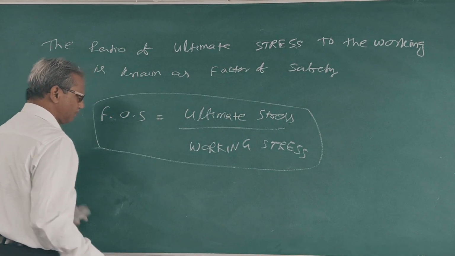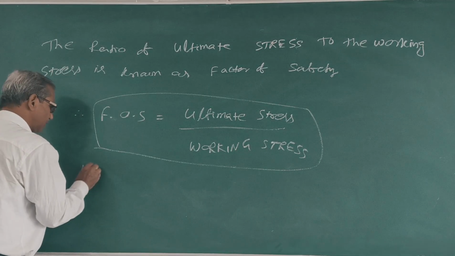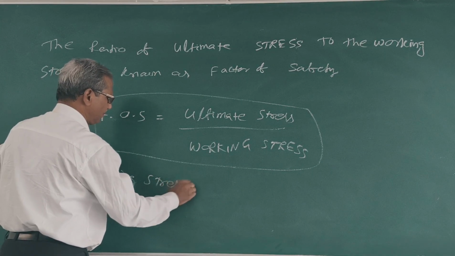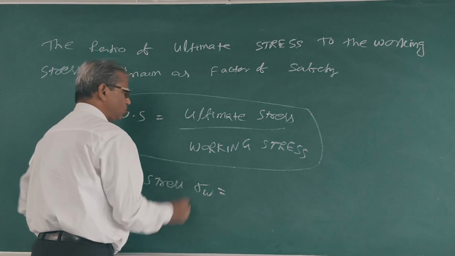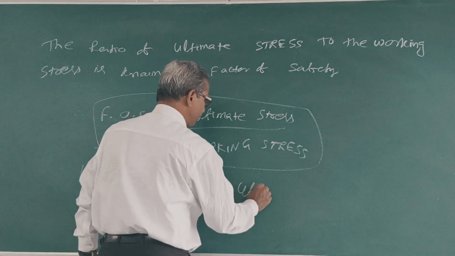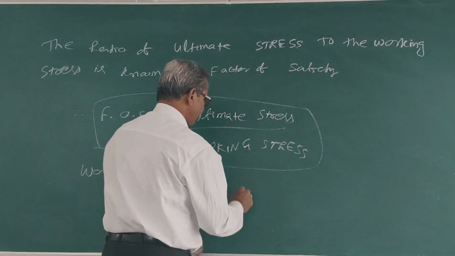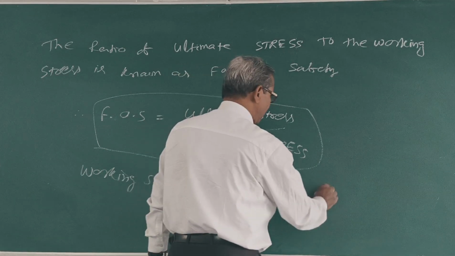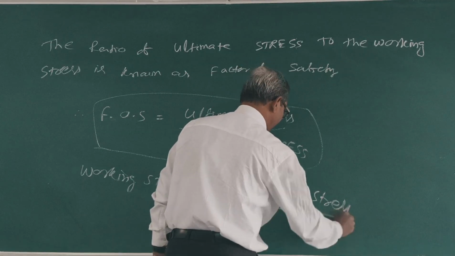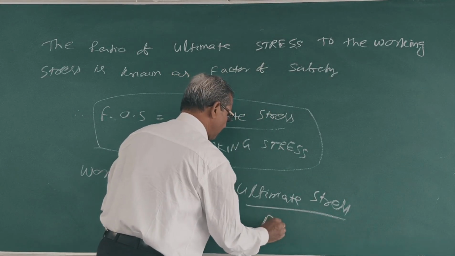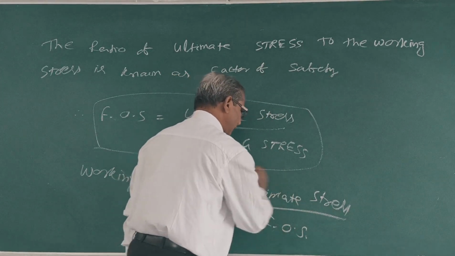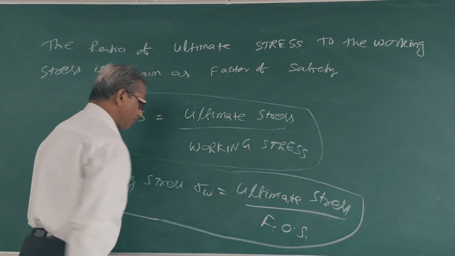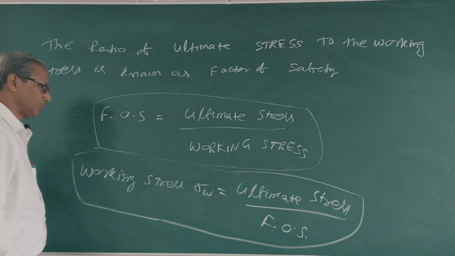From ultimate stress and factor of safety, working stress sigma w is equal to ultimate stress by factor of safety. Clear? This is working stress sigma w.